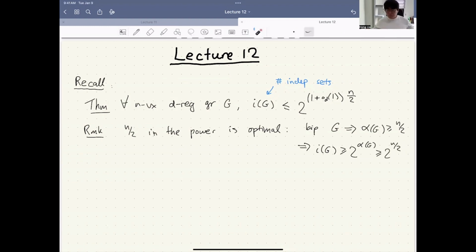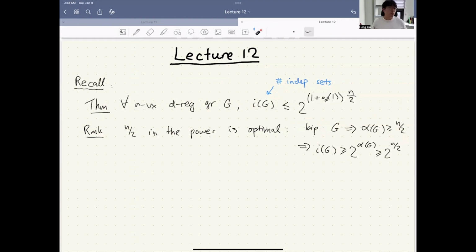Now, as I keep trying to repeat, whenever we see a theorem, that's not the end of the story. When we understand the proof, we should also try to ask questions when we see a statement. So here, when we were told that this 2 to the n over 2 leading term is optimal, the obstruction is bipartite graphs G. For bipartite graphs, this is tight.